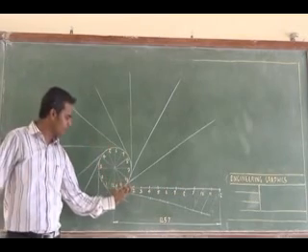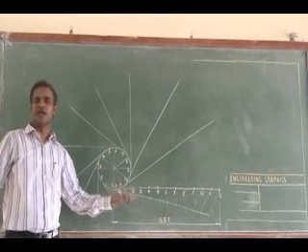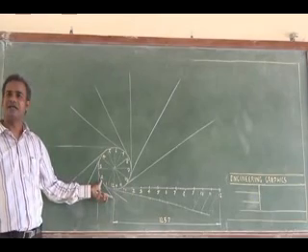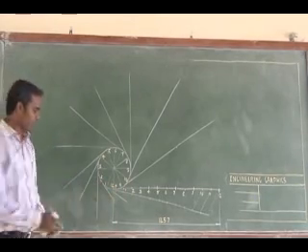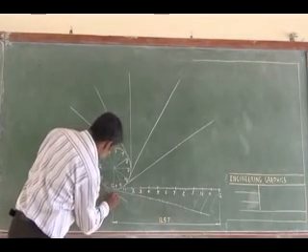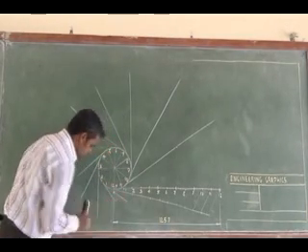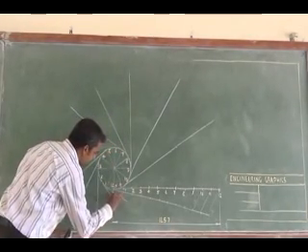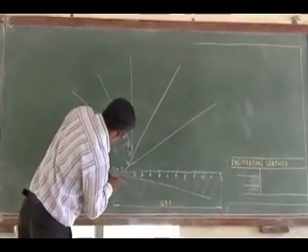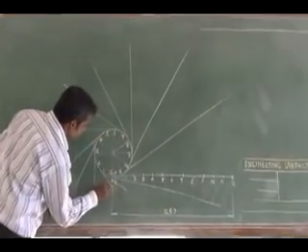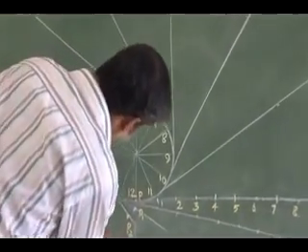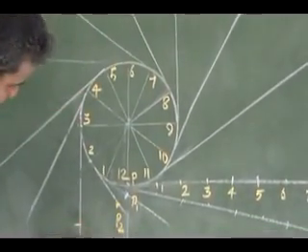The second segment length you can measure with your compass and transfer from point 2 to that tangent line. So this segment is nothing but this. This is my P1. The second segment is this. This is my P2. Third segment, P3.